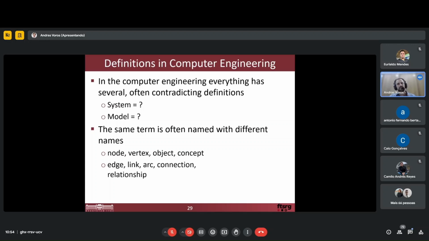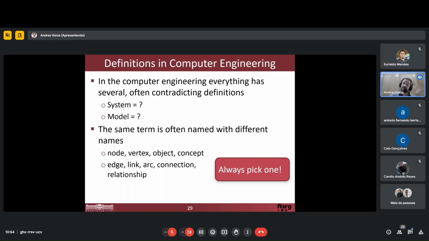So for example, if I'm talking about graphs, I can say that I have nodes, vertices, objects, or concepts, and the connections can be called in other ways, such as edges, links, arcs, relationships. And the important thing is that you should always pick one for how you call them, and that makes talking with other engineers much easier.